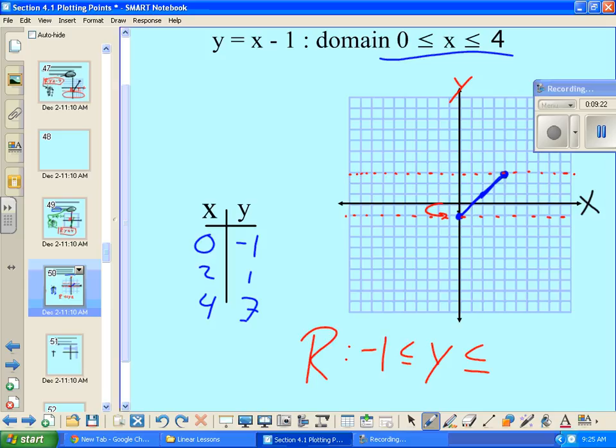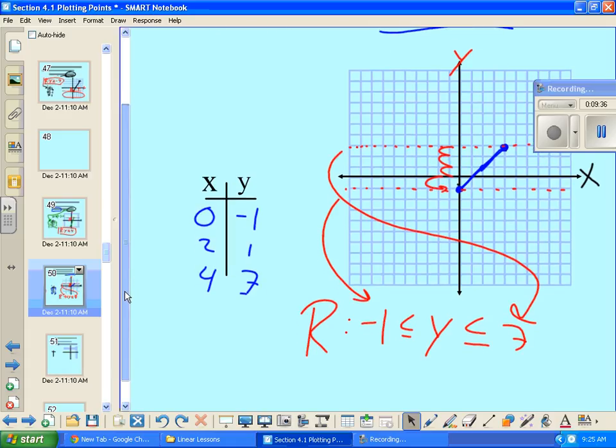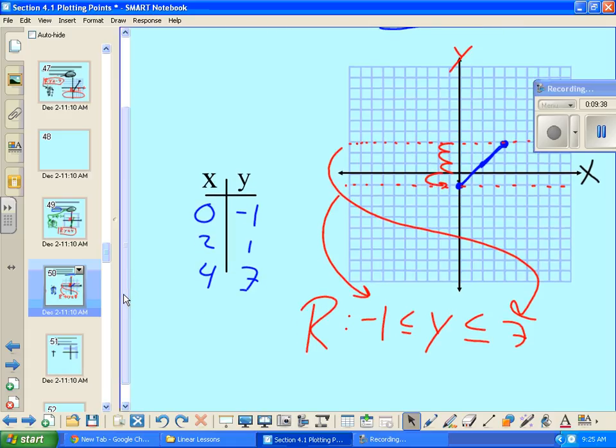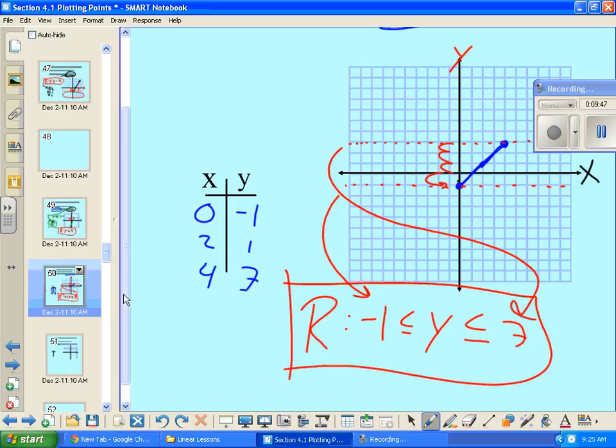My highest point looks to be up 3 from the origin, where y is 3. So that's going to go right here. So y is 3, and that's the two boundaries, the two endpoints of this particular graph. I can go as low as negative 1 in the y direction and as high as 3. So all my y values on this graph must be between that because they're in between those two points.